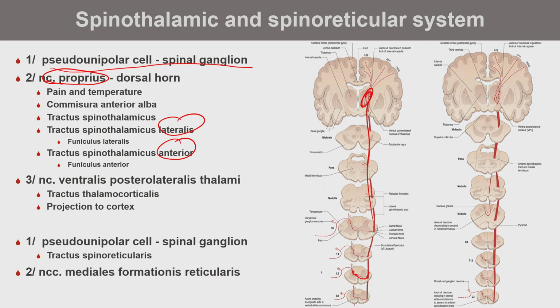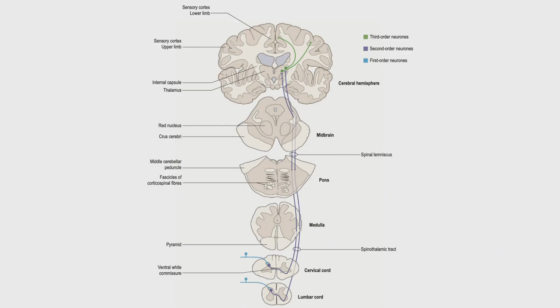So here you have the first neuron, second neuron, and the third neuron, and then distribution. This is the lateral spinothalamic, and this is the anterior spinothalamic. They lead pain and temperature, information about heat and cold.